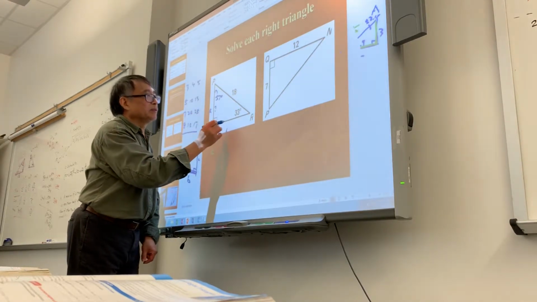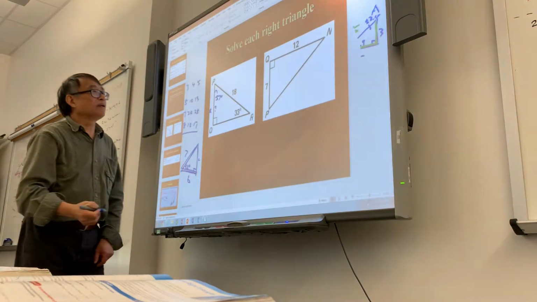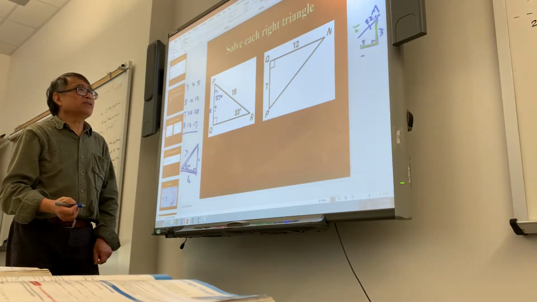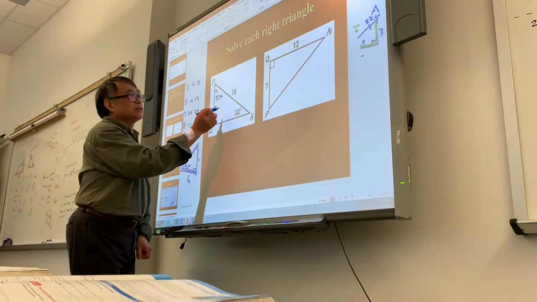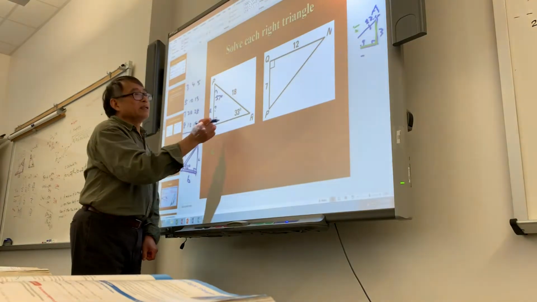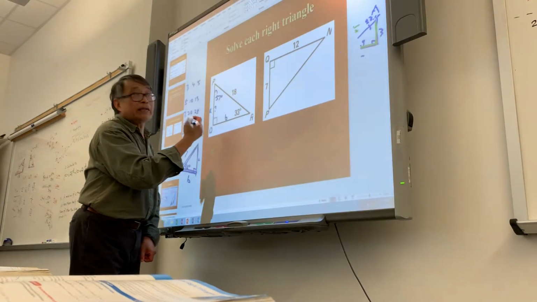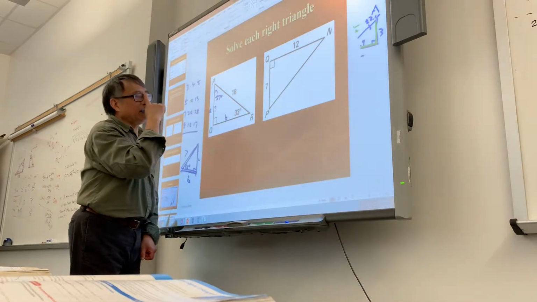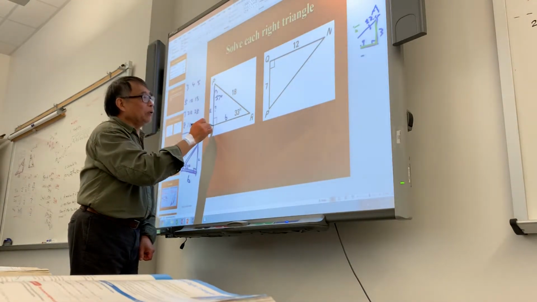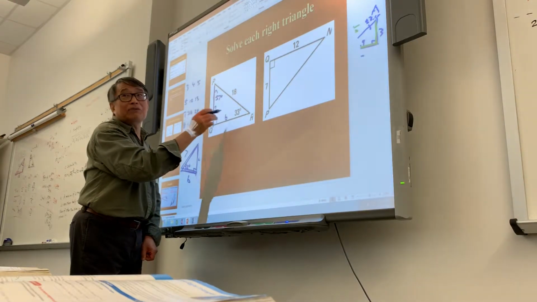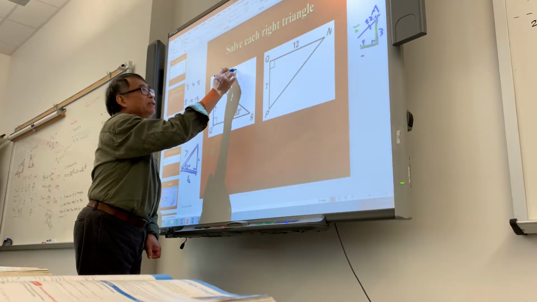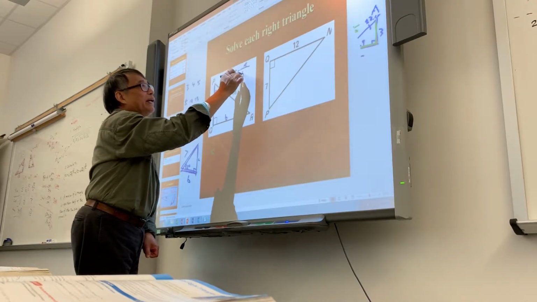It's sine of 33, my bad, not cosine. So this side is A, this side is B. We want to find PQ, that is A, and QR. Because PQ or A is opposite of 33 degrees, sine 33 degrees equals A over 18.